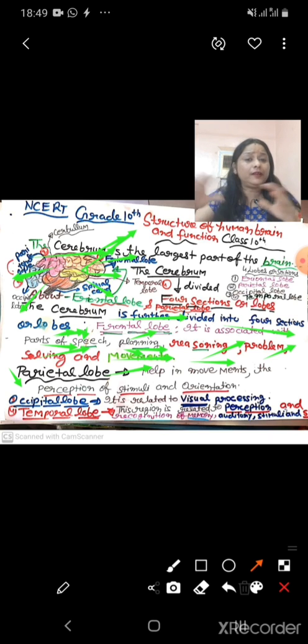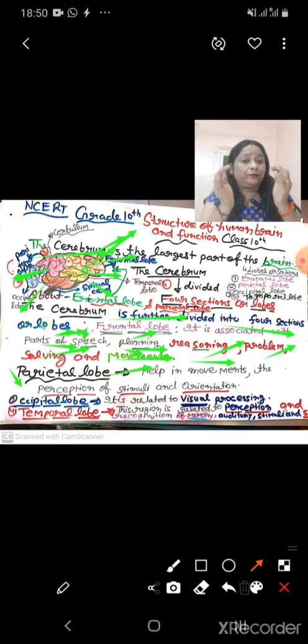The parietal lobe is associated with perception of stimuli and orientation. Stimuli means any feelings and any sensation that come from outside, from our surroundings, and they are managed by the parietal lobe.